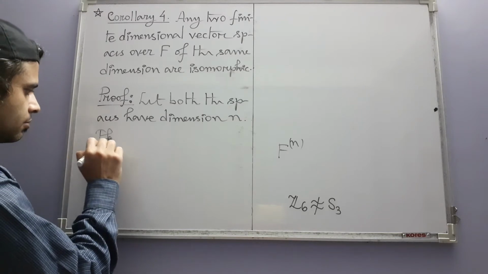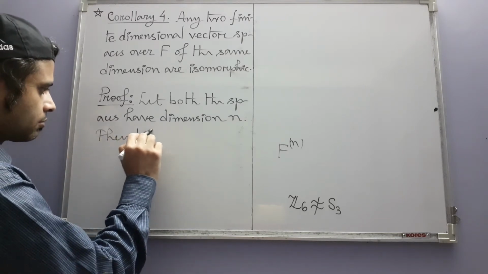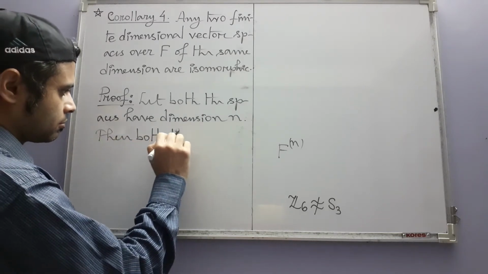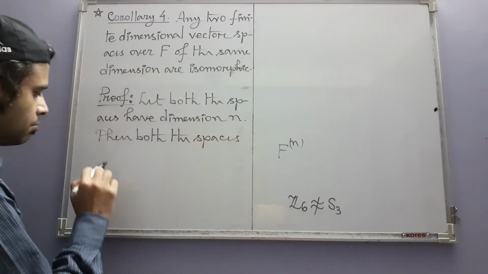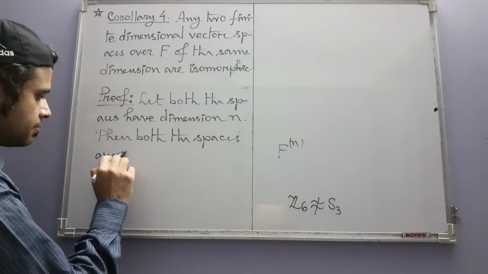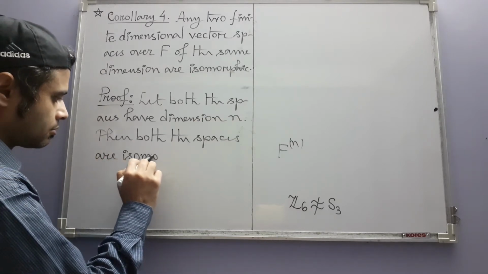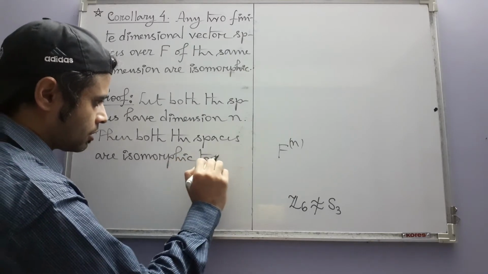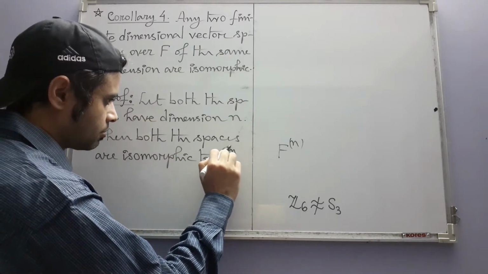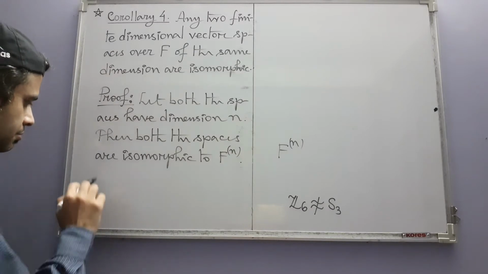Then both the spaces are isomorphic to Fn.